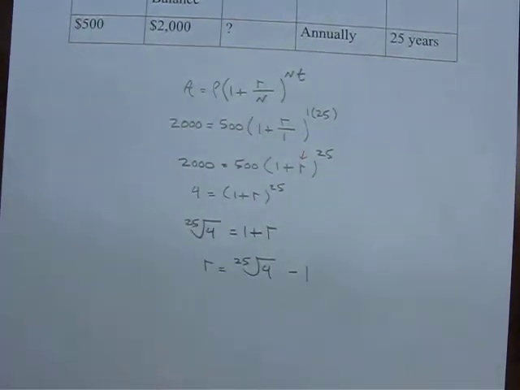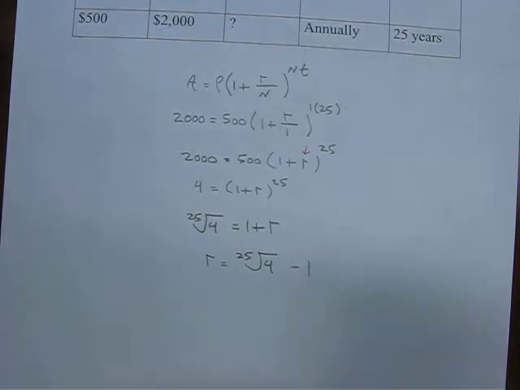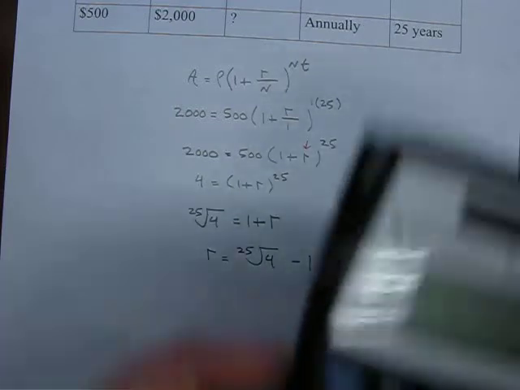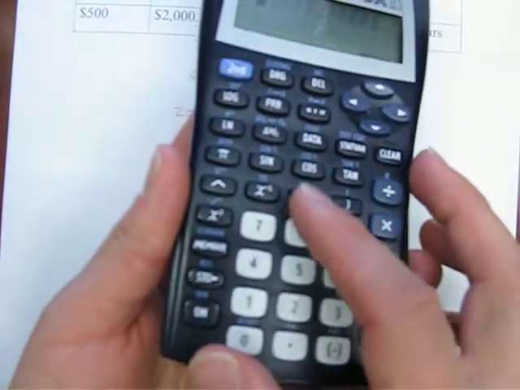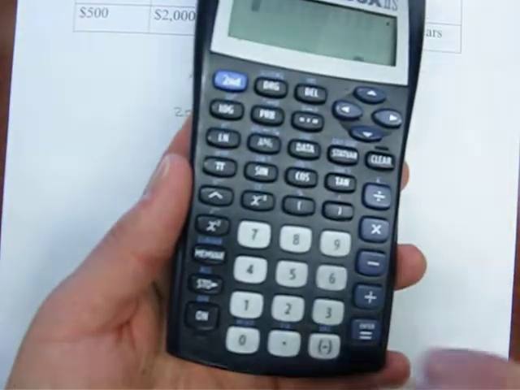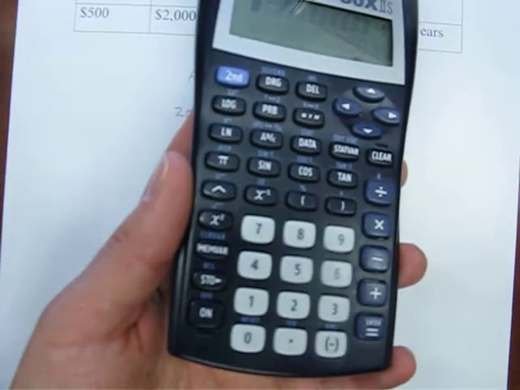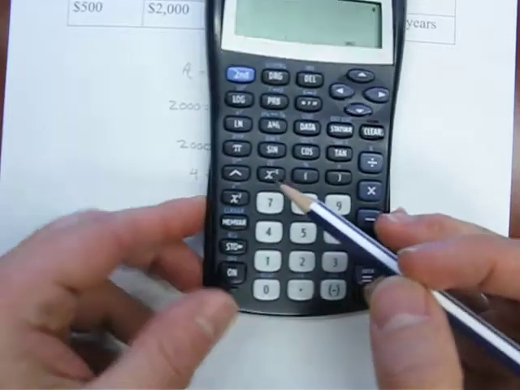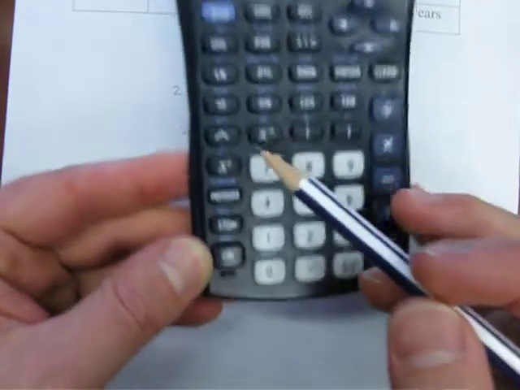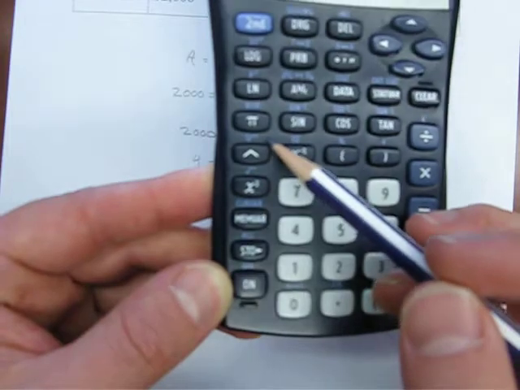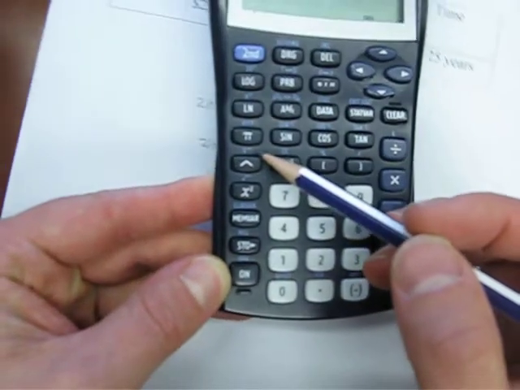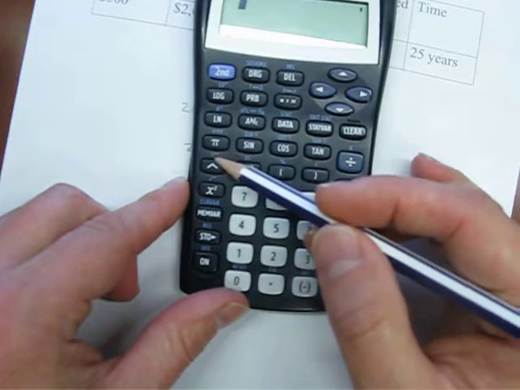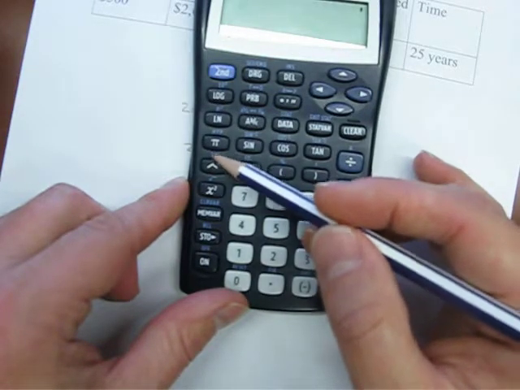Okay, so let's see what that is. It would be hard for any normal person to calculate the 25th root of 4, but your calculator should be able to do it. Let me get it to focus. I don't know if you can see it, but right there, that's my key to do any arbitrary root.